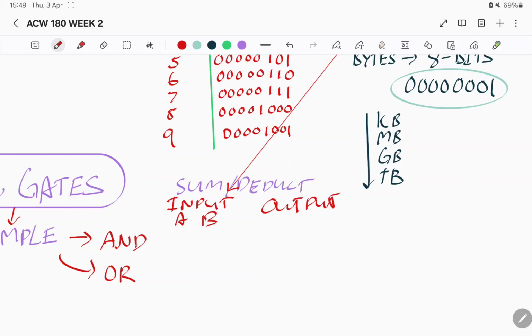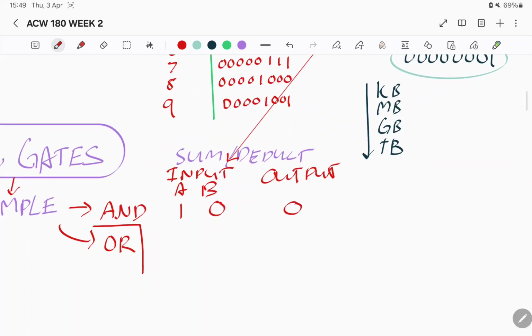For AND, if there's electric input for A and no electric input for B, the output will be 0. Basically the AND gate should be something like this.